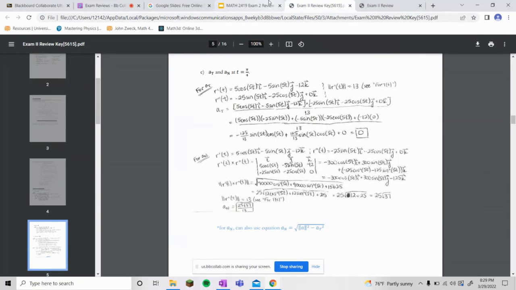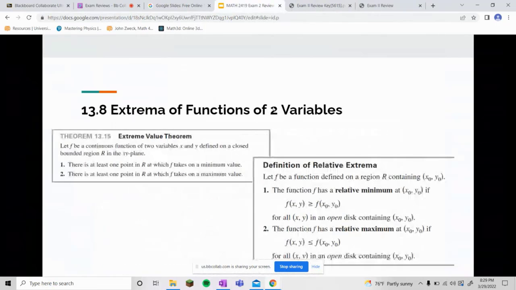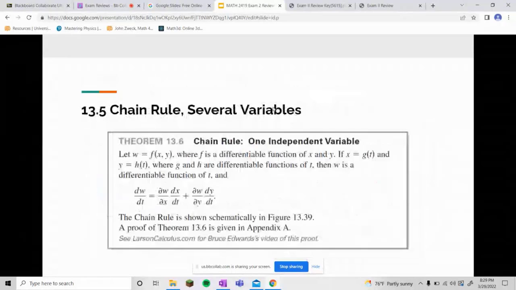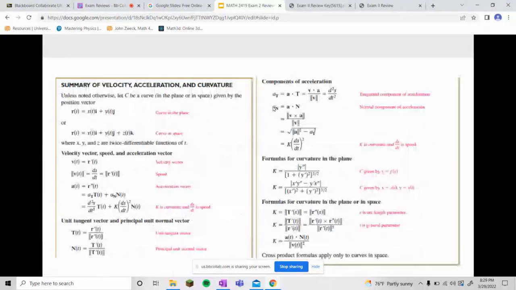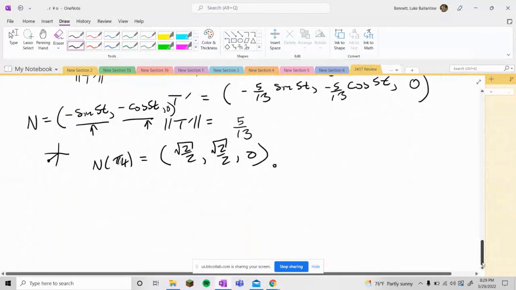Yeah, that looks like a pain. Okay, let's do acceleration dot N. And it's at pi over 4, so we can just do r double prime of pi over 4 dot N of pi over 4.